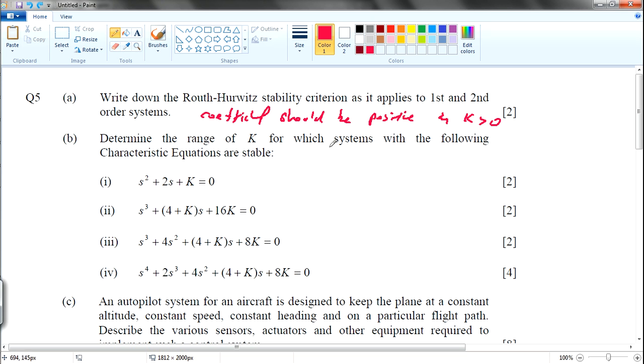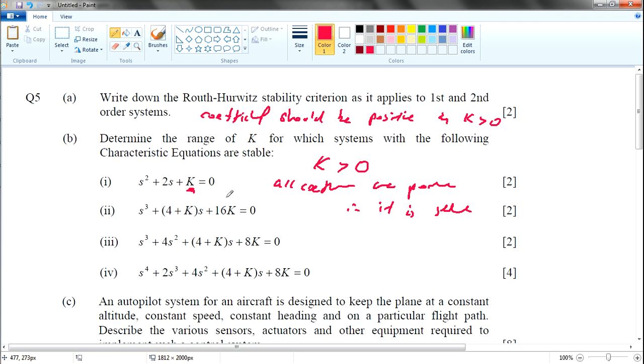In this case there is only one k, so we can just say that k must be larger than 0 using our understanding. You also have to state that all coefficients are positive, and therefore it is stable. So you have to really check for that. This is worth 2 marks.